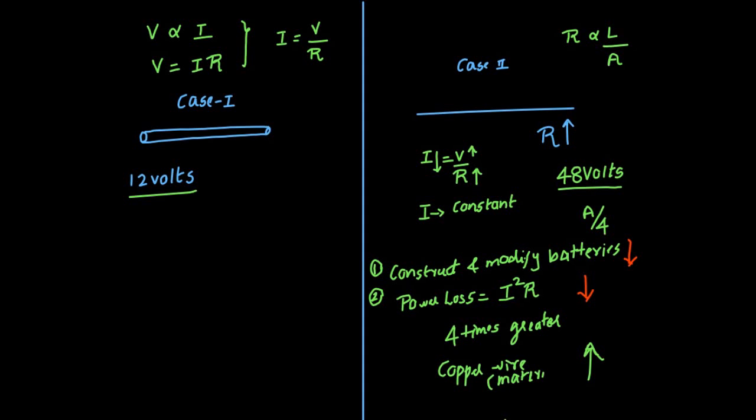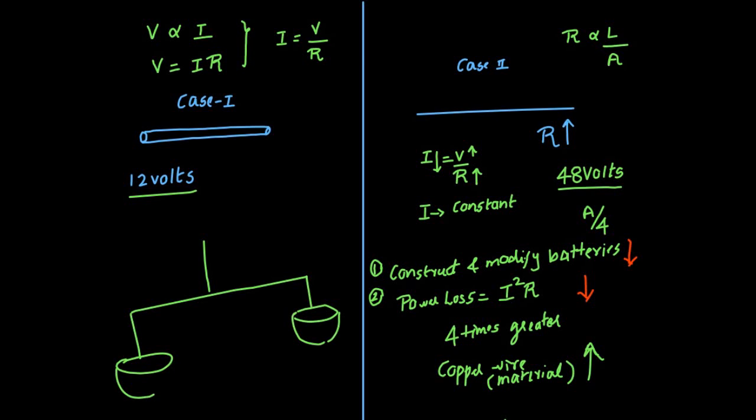So all you have to do is take an analysis and find out which one is going to be greater, whether it is saving the copper, or which one is going to be profitable, which one weighs heavy.